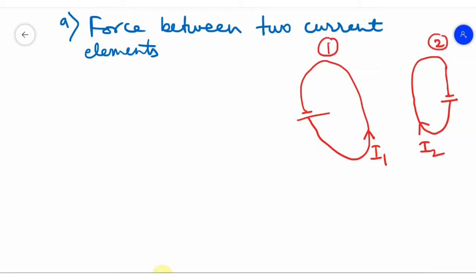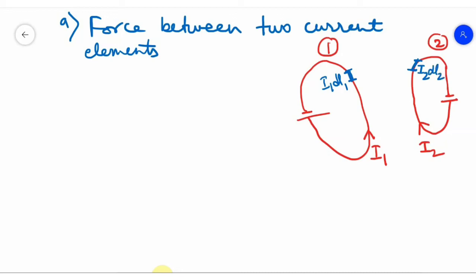Now if we consider a current element on the first one, that will be I1 dl1, okay, and on the second conductor, if we consider an element, then this will be I2 dl2.